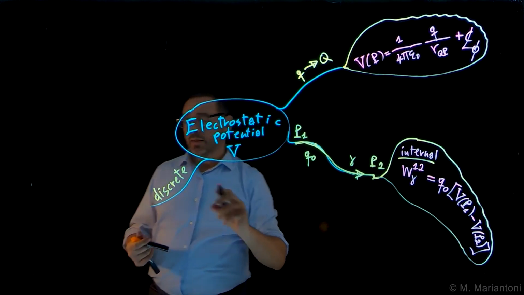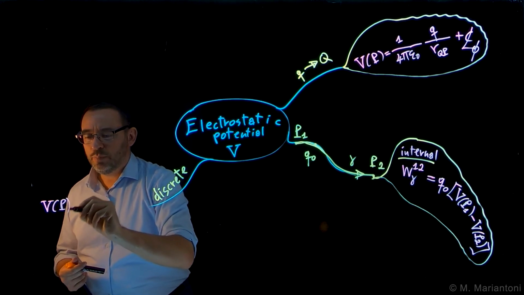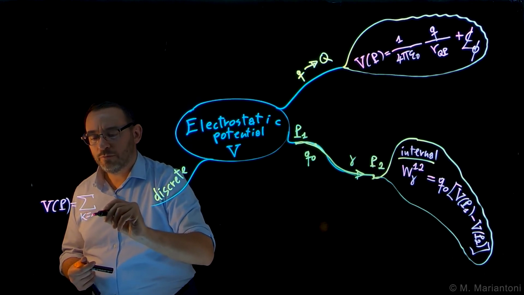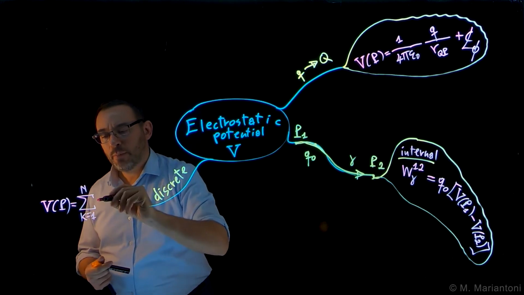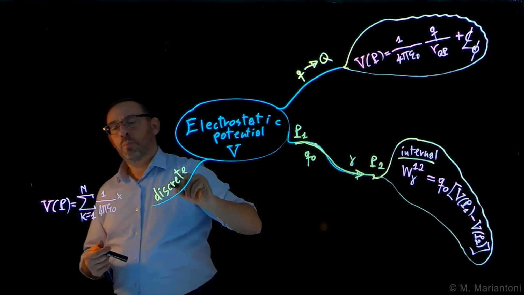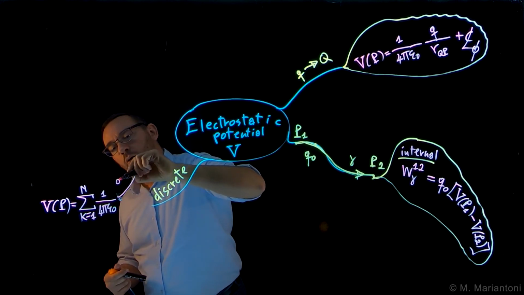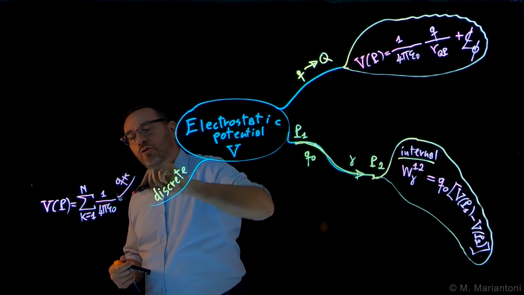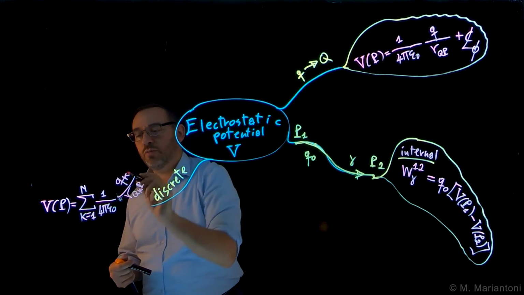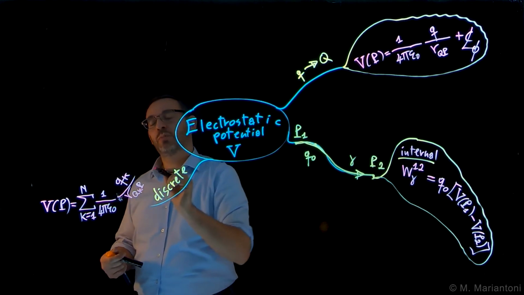And so we end up finding that the electrostatic potential V at any observation point capital P is nothing but the sum over all the particles in the distribution from 1 to capital N of 1 over 4 pi epsilon naught times Qk, the kth charge, divided by R Qk P, the distance between the kth charge and the observation point.